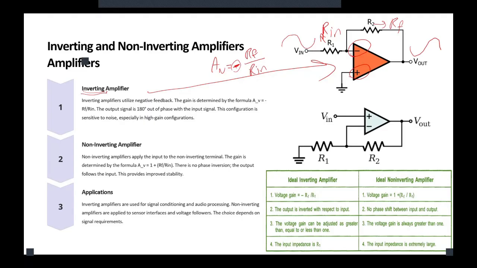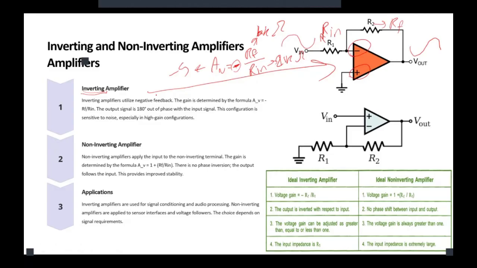Now, this setup uses negative feedback, which is a hallmark of op-amp stability. For example, if RF is 10 kilo ohm and Rin is 2 kilo ohm, our gain is going to be -5.